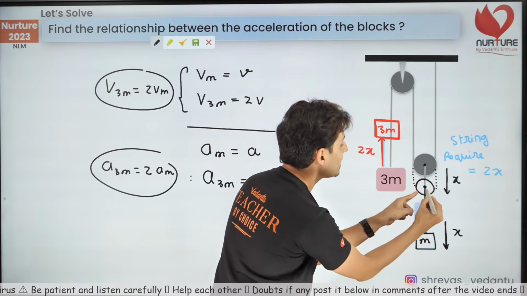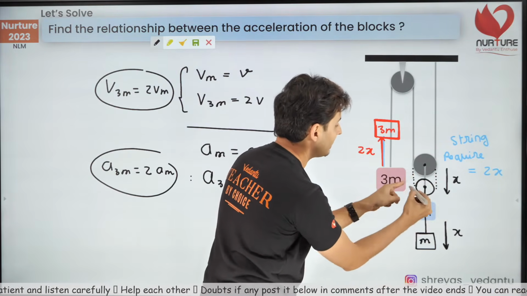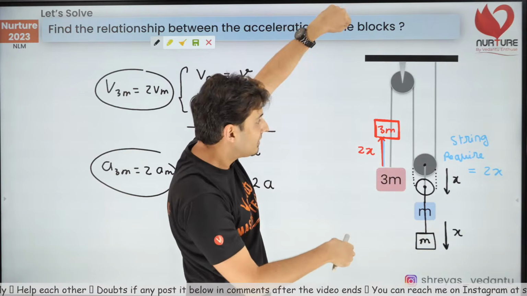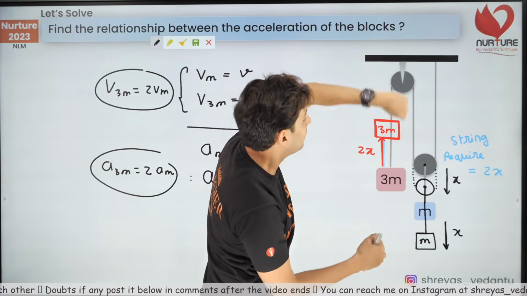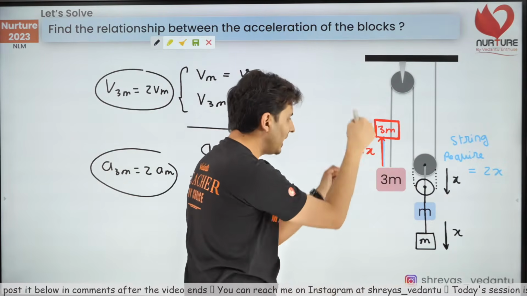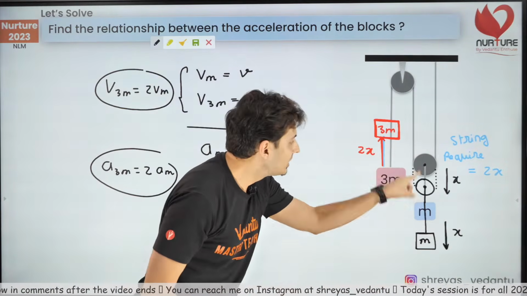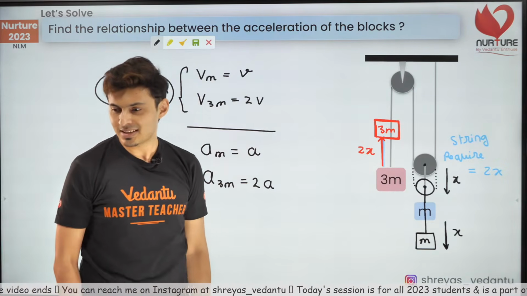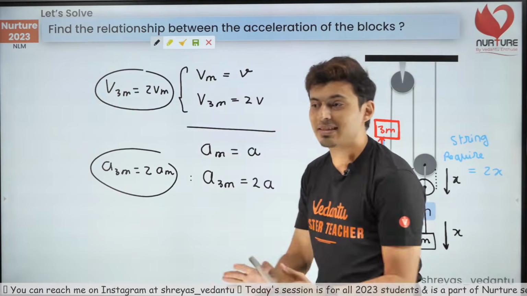Imagine this pulley goes up, this string and this string will suddenly be loose. So in order to tighten the string, you need to pull the string up and pull this down. So 3m will go down by 2x if this pulley goes up by x. That's another way of looking at it. I hope this makes sense.